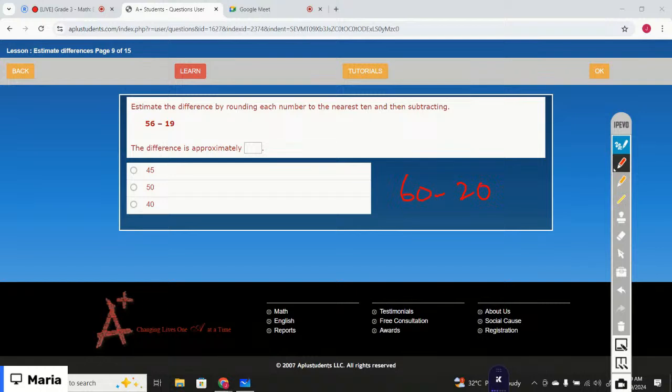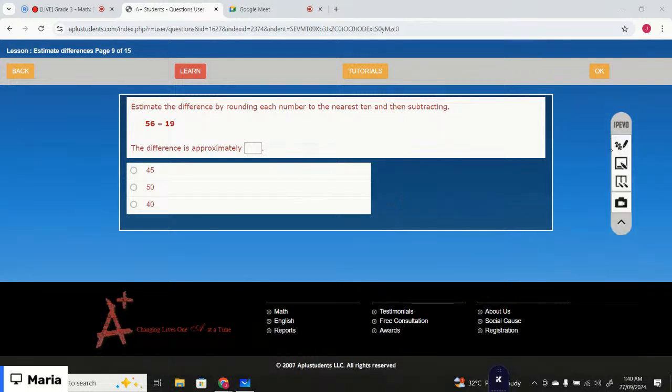So 60 minus 20 is 40. Option number 3 is the correct option. Okay, you can complete the lesson by yourself later today.